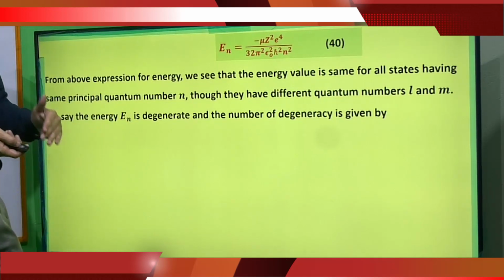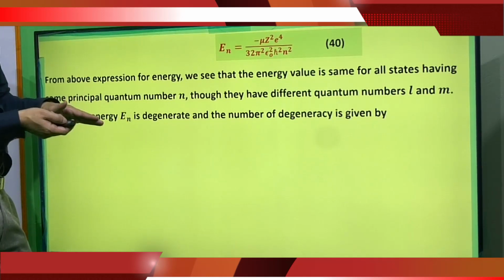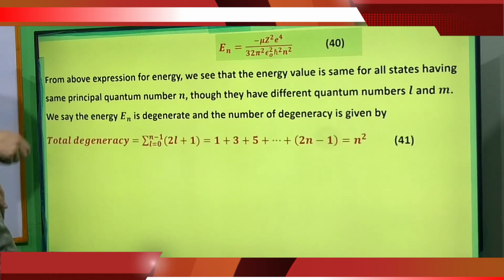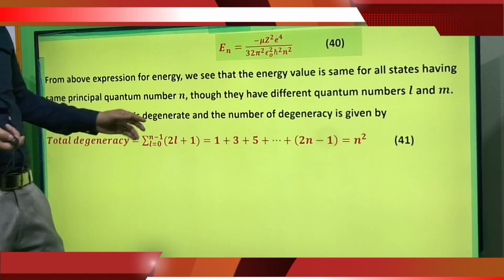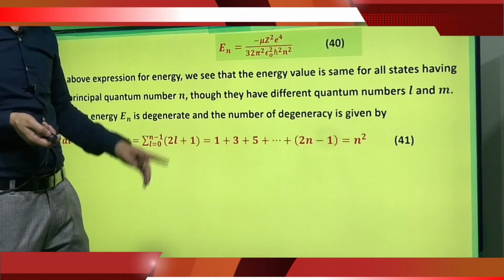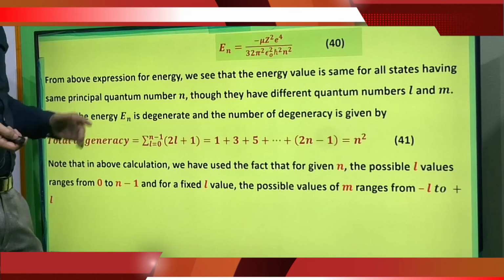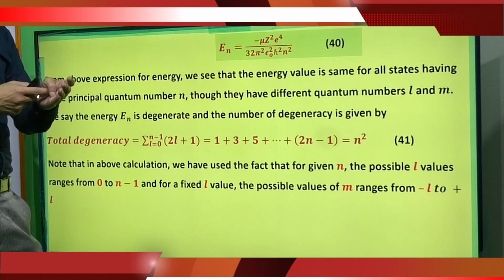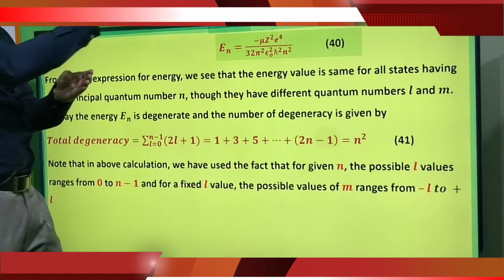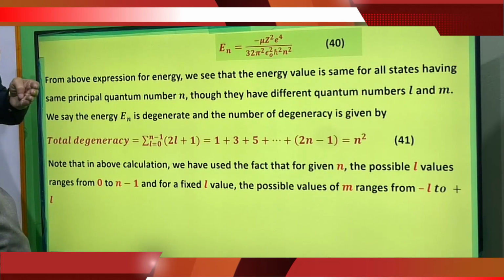That is the meaning of degenerate: states having the same energy. So the energy En will be degenerate, and the total degeneracy can be found in this way. You just recall that the value of M can be from minus L to plus L, spaced by a difference of 1.